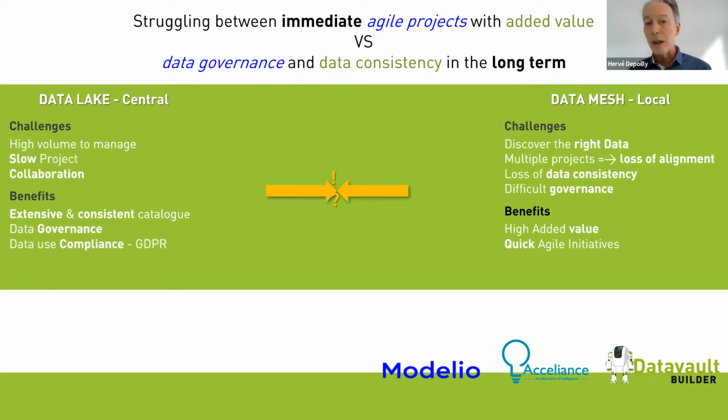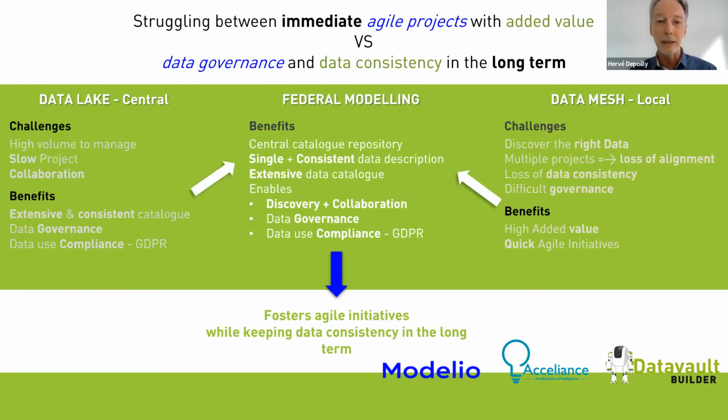So somehow you can lose some data consistency or data description consistency. And as it is a local initiative, it's very difficult to have a good governance of the data. But there are very good benefits, which is high added value on these small projects, and there are quick, agile initiatives. So how to take the best of these two approaches and fix the main problems?